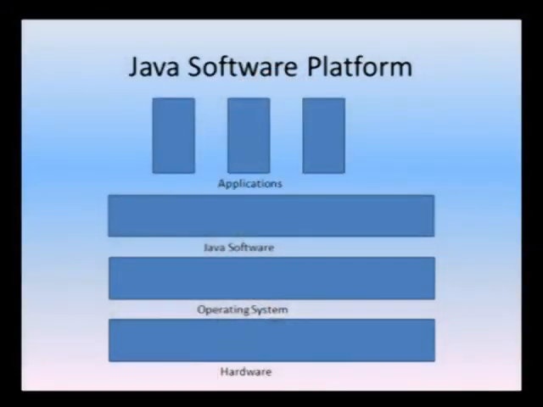Now, the word Java has multiple meanings in the context of computer systems. Java is kind of like a virtual operating system. That's one meaning of it.